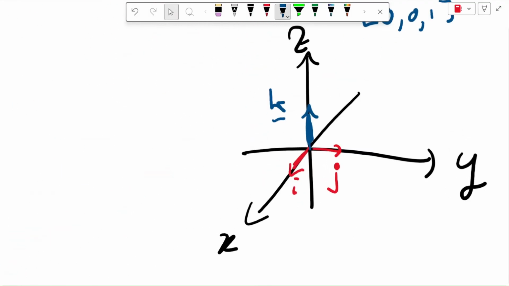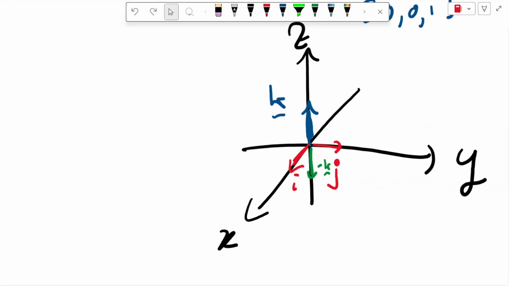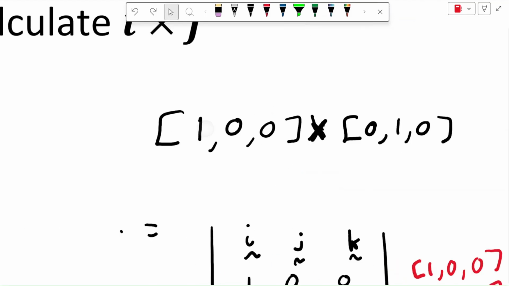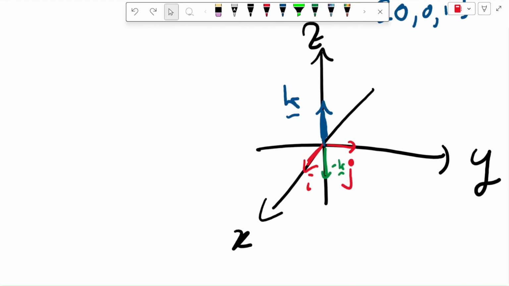Now, minus k is a vector which points down like that. And I'm hoping you can agree that this is still at right angles to your two original vectors. In fact, there are infinitely many vectors that could be at right angles. For example, a longer vector up here would also satisfy being at right angles to both.